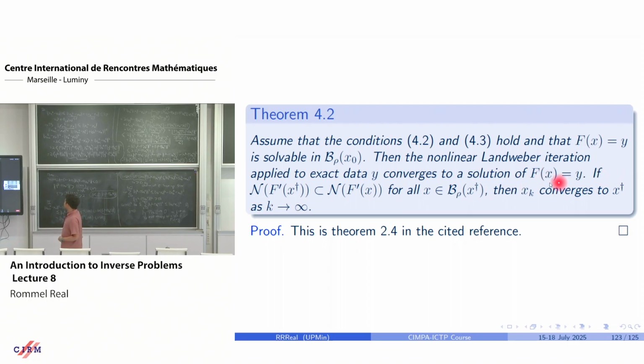And if we have this abstract condition here about the null space of F prime of x dagger and F prime of x, then x sub k must converge to the x sub 0 minimum norm solution. And let's prove that.